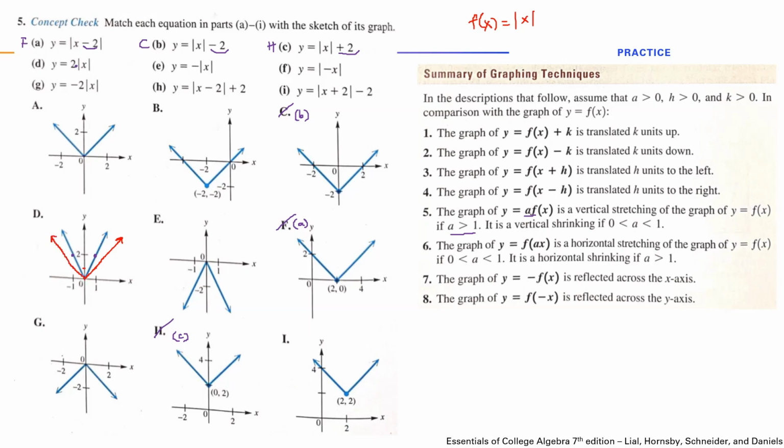So the red graph is the original graph f of x equals absolute value of x. Now with vertical stretching with a factor of 2, from 1 it goes to 2, double. So D with D.